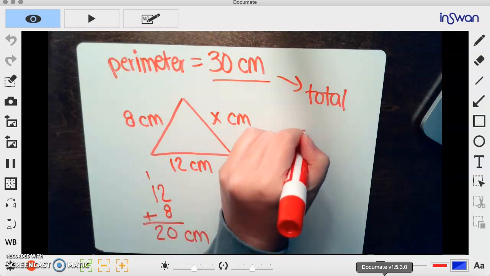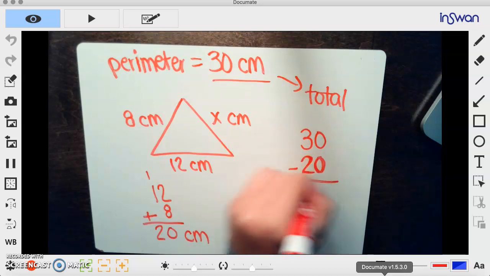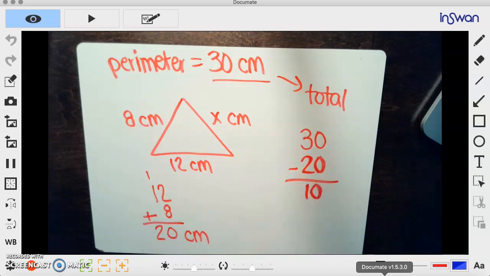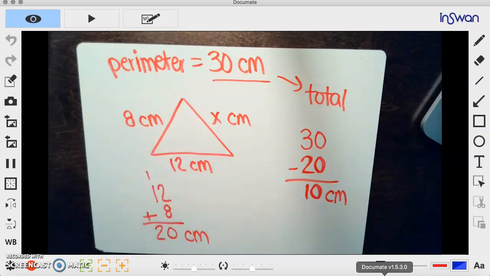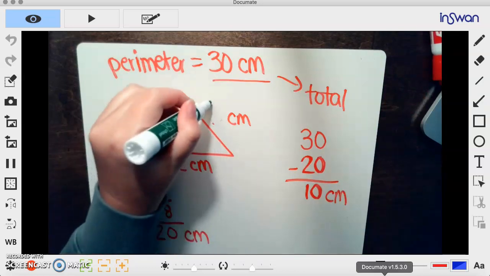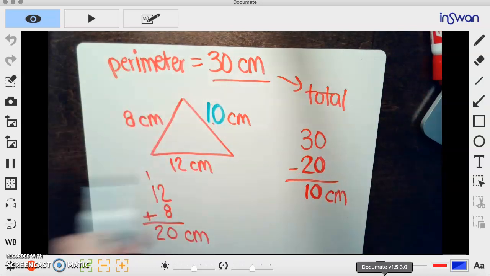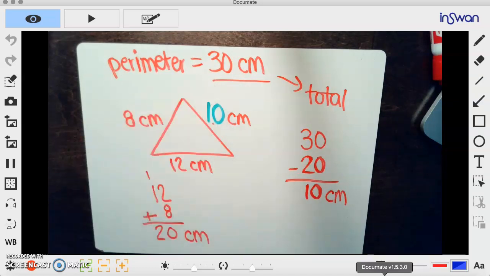So now I can take my total, which is 30 centimeters, subtract my 20, and I'm going to get 10 centimeters. So my missing side length right here, I can put 10 centimeters. So if I were to add these all together, I will get 30 as my perimeter.